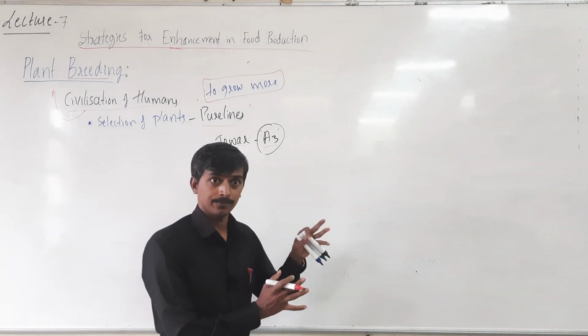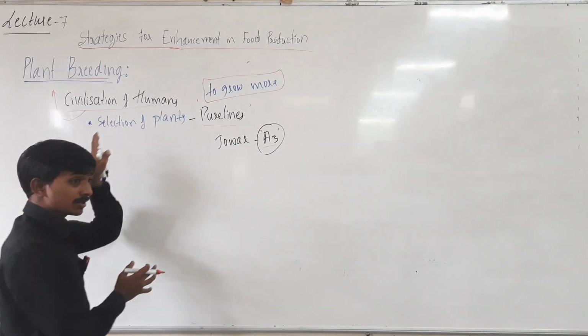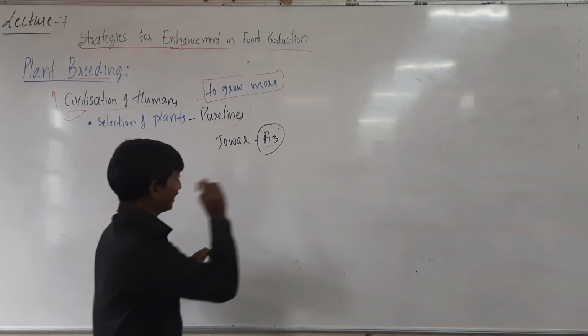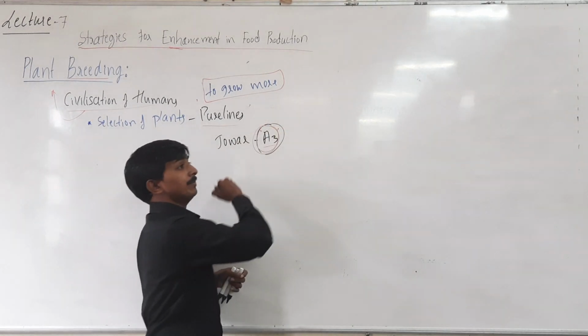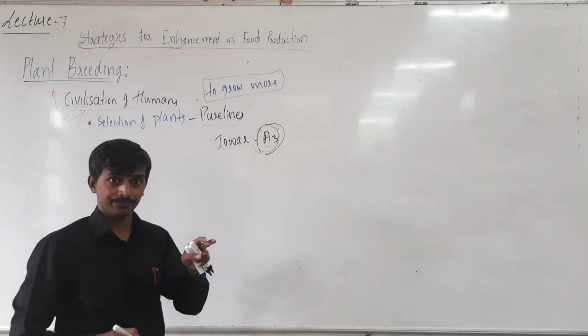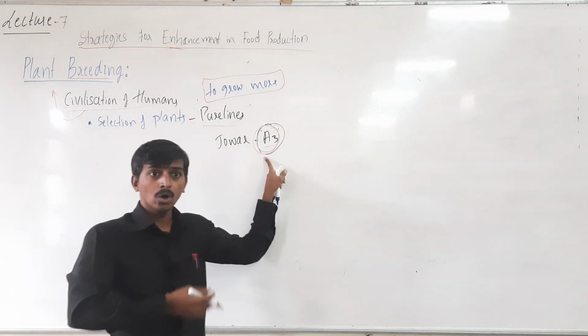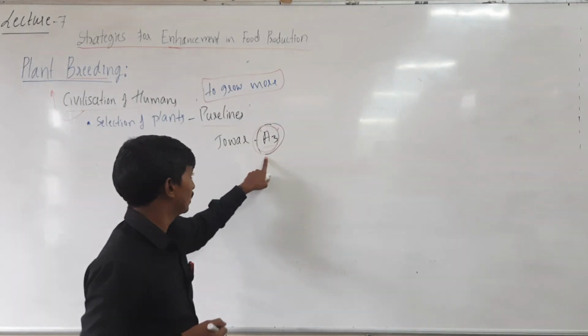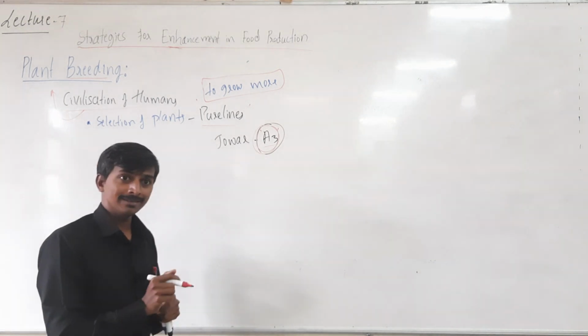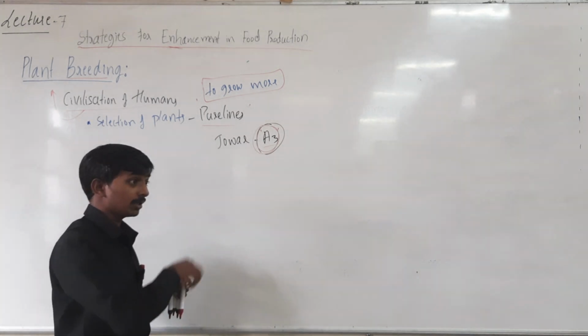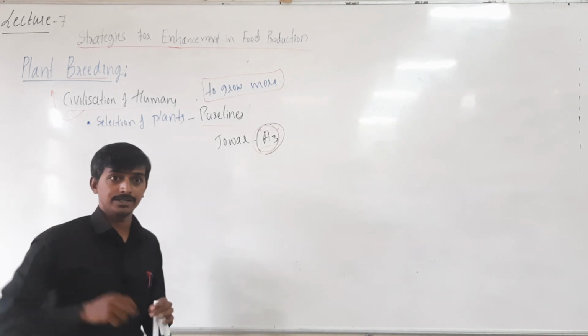So then those people thought that yes, this variety is a pure line. This variety gives more yield. Then they started collecting such plant varieties.